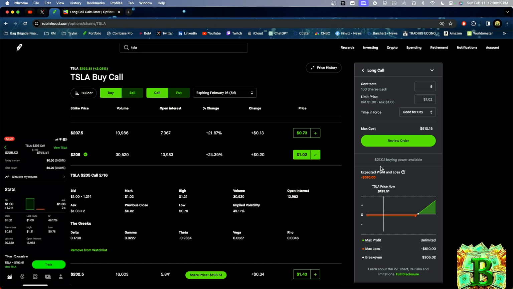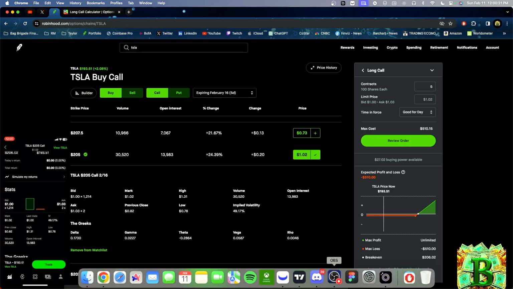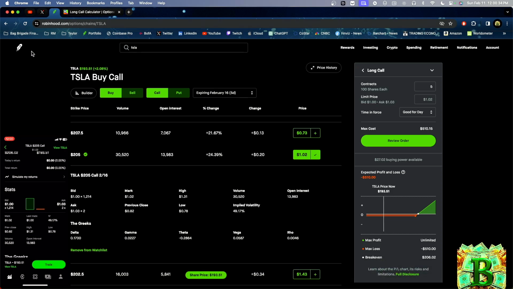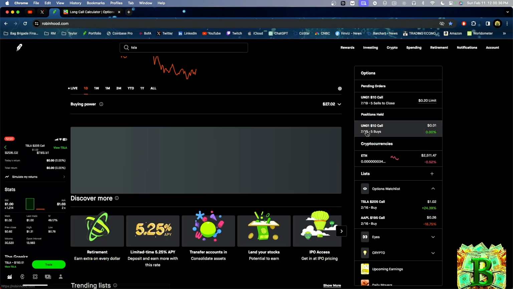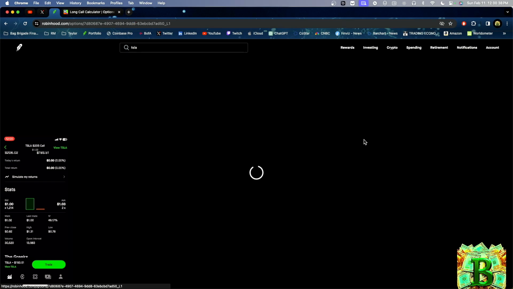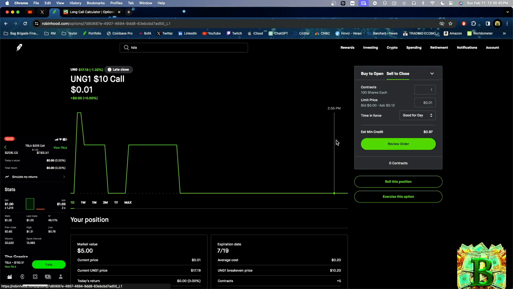And then when you want to exit it, for instance, I'll go to my stupid UNG contract that I'm stuck in because they did a split, like a reverse split. I screwed up the entire option chain. It's really weird.